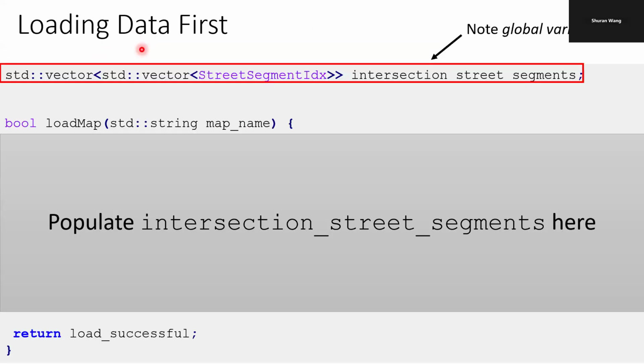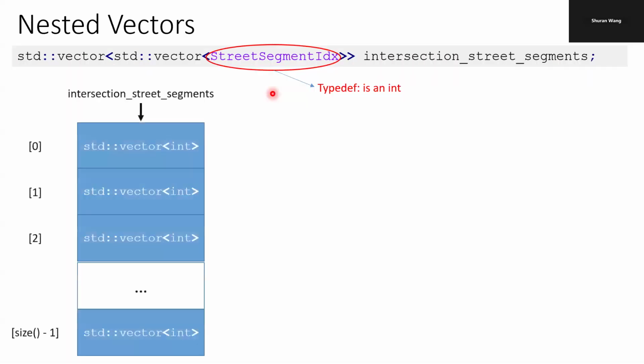But in our case, because we are indexing using intersection indices, which start from 0 and end with number of intersections -1, which is a continuous range that starts at 0, we use vectors to store a vector of integers. And what does the data structure look like? It's a vector of vectors. So it's a vector that goes from 0 to number of intersections -1.